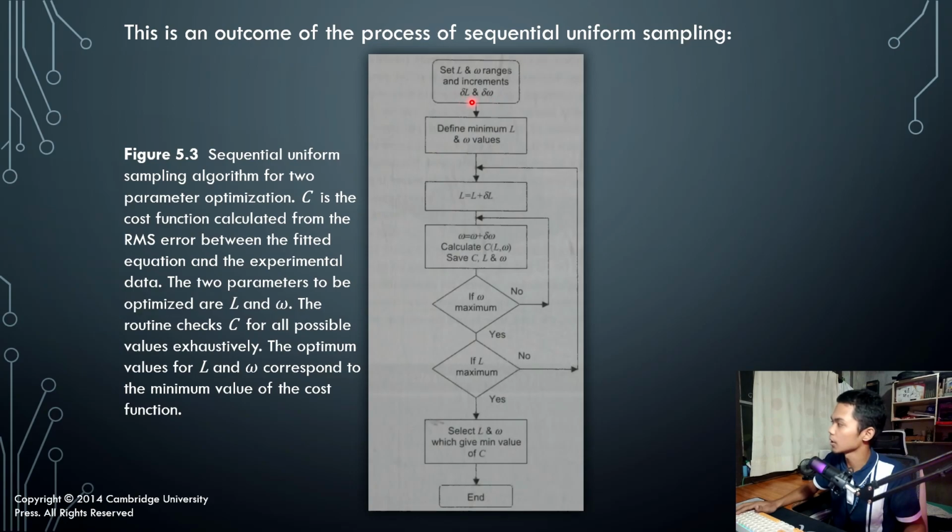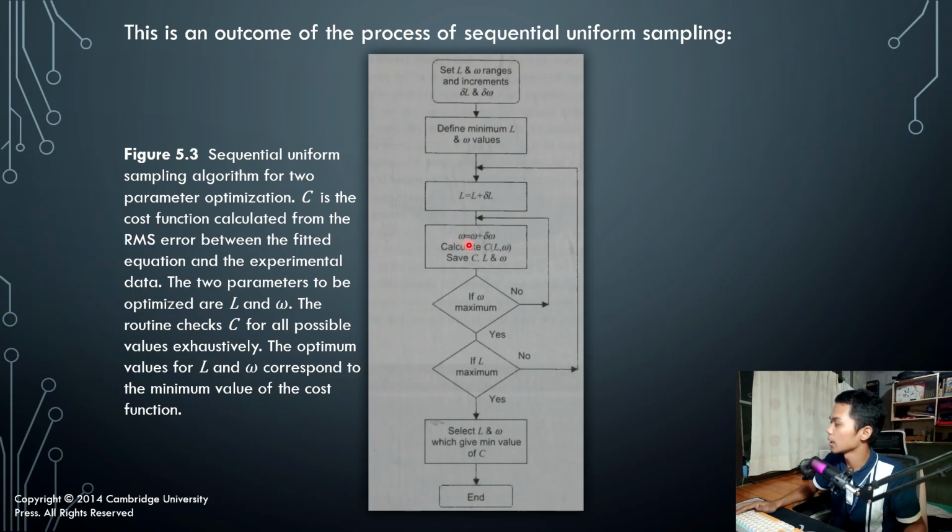Therefore, you have delta L and delta omega. After that, you define the minimum values for L and omega. Once you're done with that, set L as L plus delta L. Sorry about that. And once you're done with that, you can go ahead and continue.